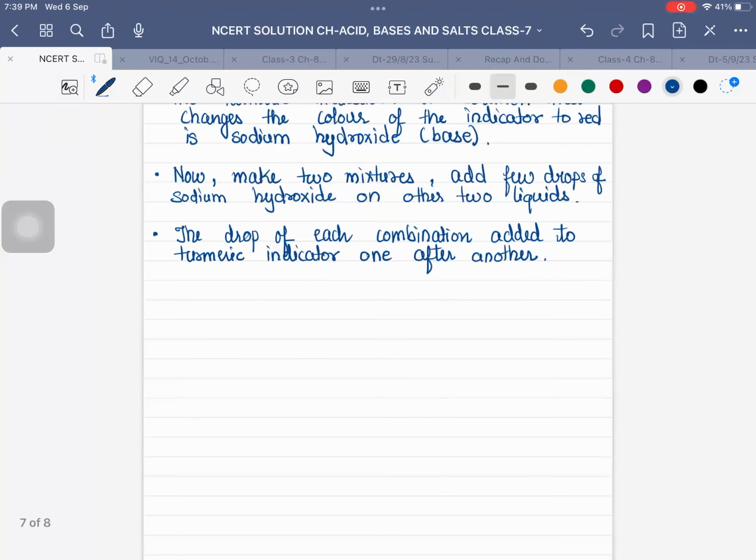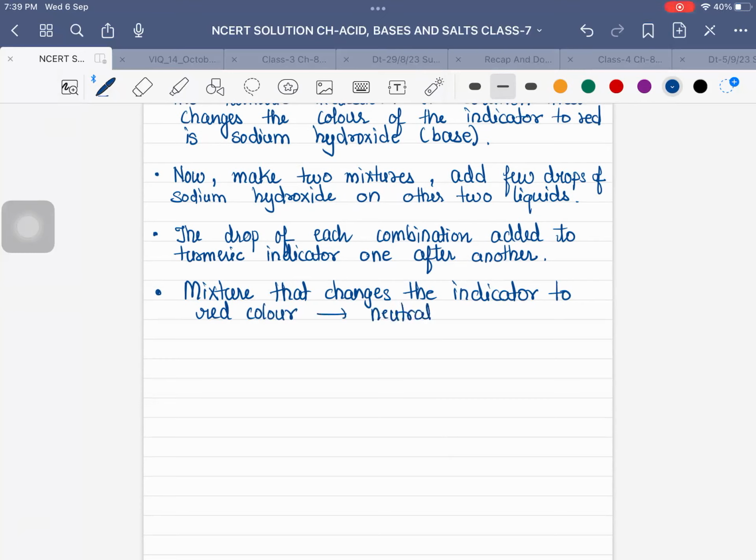So the mixture that changes the indicator to red color, it's neutral solution of sugar. As when we add sugar and sodium hydroxide.